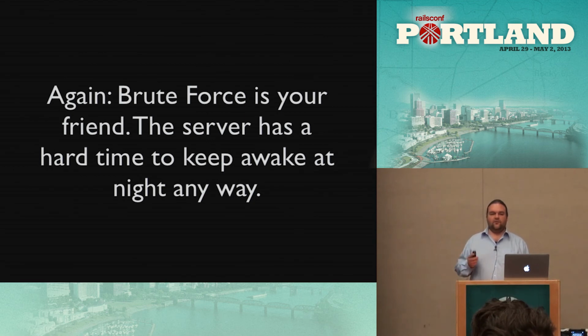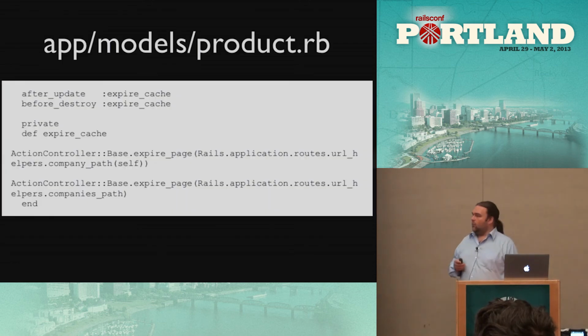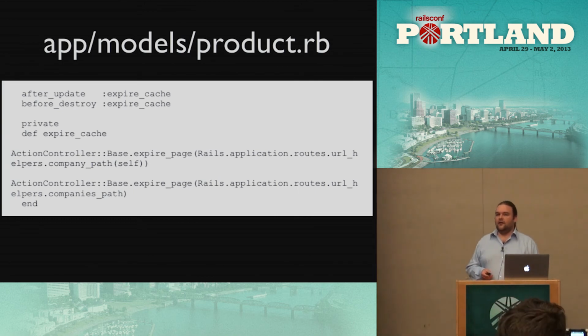And again, brute force is your friend. Use that. The tricky part is, how do you delete out-of-date files? One way of doing it is by adding a hook here, after update and after destroy, where you delete these files in the model.